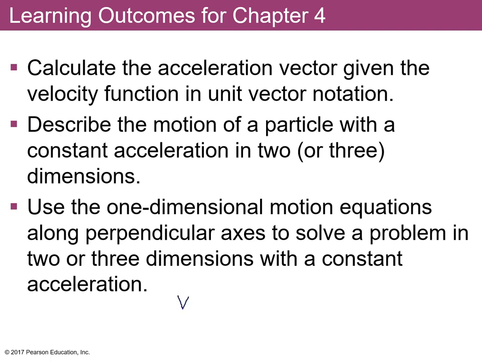Let's say I have a velocity vector as a function of time, 2t cubed i hat plus 4t j hat plus, let's say, 2t to the 7th power k hat. So here's the velocity as a function of time. What is the acceleration? How do we calculate the acceleration of the particle?